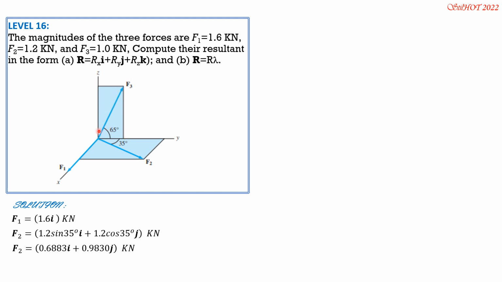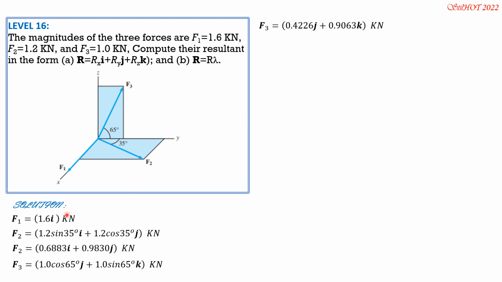F3 is on the y, positive, and z. So this is the magnitude of F3, 1 cosine of 65 along y, j, then 1 sine of 65, k. So F3 is 1.0 cosine 65 j plus 1 sine of 65 k. In decimal, F3 is 0.4226j plus 0.9063k.